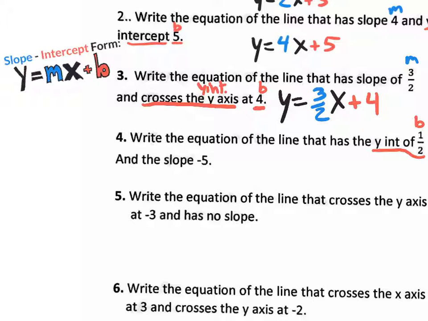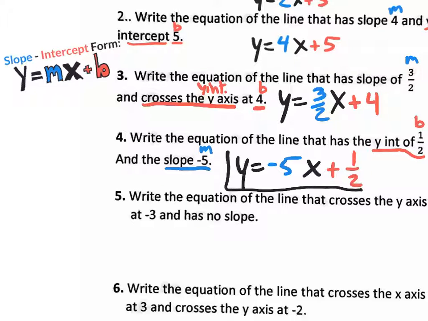Because right here, it clearly says that the slope is -5. So the m value is -5. Let's write it out. Y equals mx plus b, -5x plus 1/2. And that is your slope-intercept form equation. And it's okay to have fractions even in the b value.